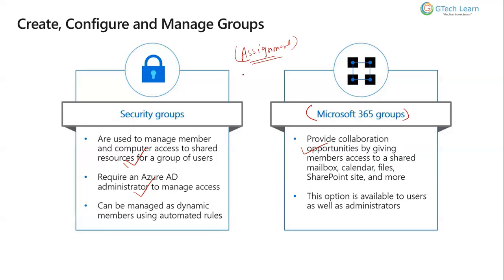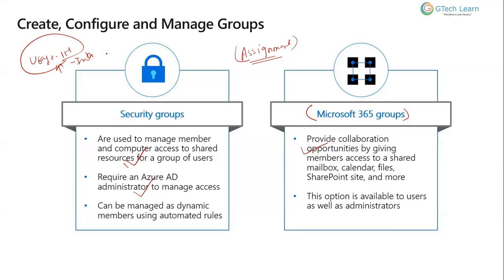For example, with dynamic membership rules, we can create a rule like if the user's location is India, automatically add that user into the group India user. That is how we can create different rules.